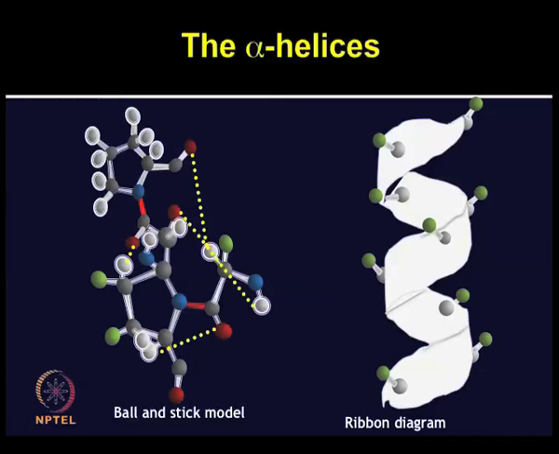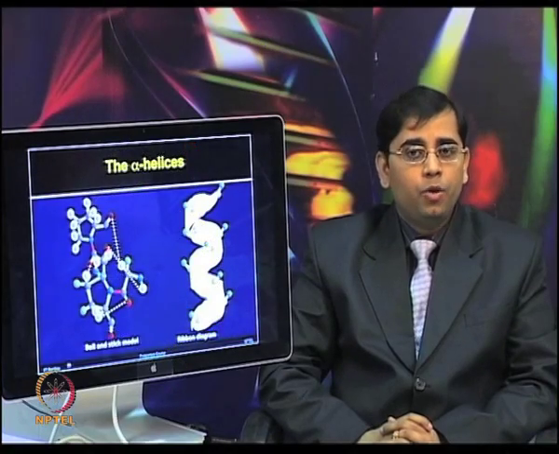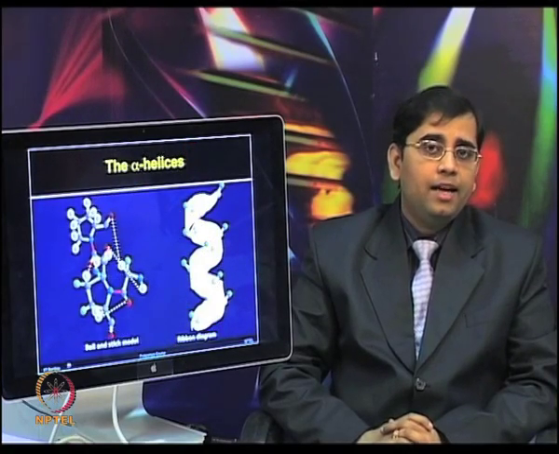Alpha helix shows a rod-like structure. It has a main chain and a side chain. The main chain is tightly coiled around the helical axis and the side chain extends outward, away from the helical axis, as you can see in the ribbon diagram on the right side and the ball and stick model on the left side. Specific hydrogen bonds stabilize this helical core.